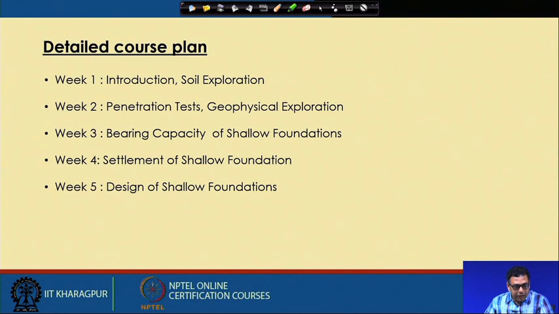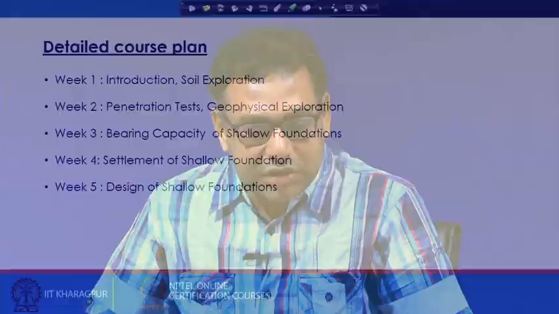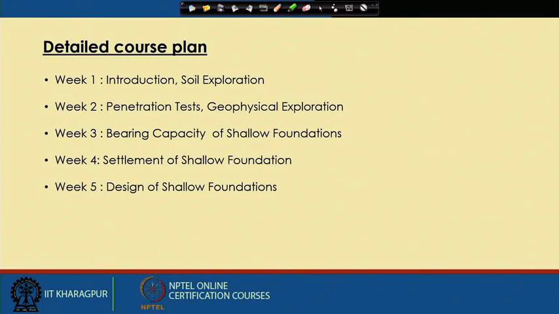In the first week we will discuss the introduction and then the soil exploration. Soil exploration is also a very important thing, because we should know how we can determine the soil properties that will be required for foundation design. In soil exploration there are two parts: one is field exploration and the other is lab testing.